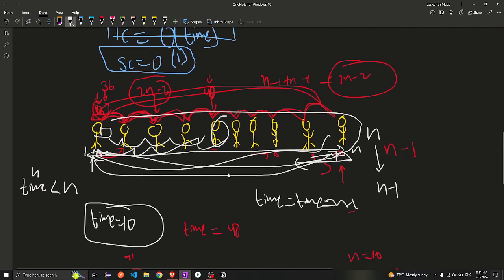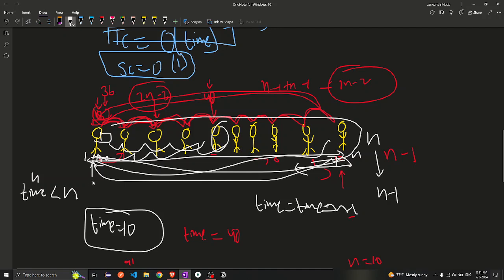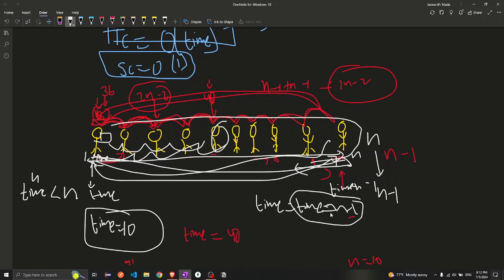That means, suppose I'm here, suppose if I'm here at time, now I'll take n minus 1 steps to reach here. So I'm just doing that. If I do time equals to time minus n minus 1, that means I am at this point, right? So from here I need to go back, right?